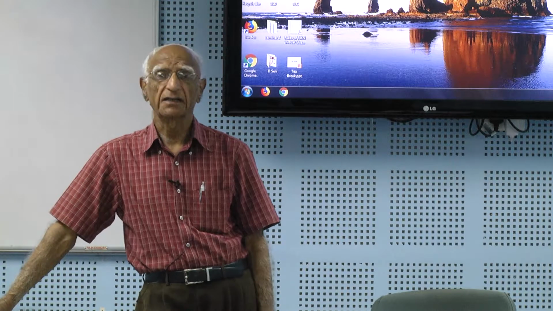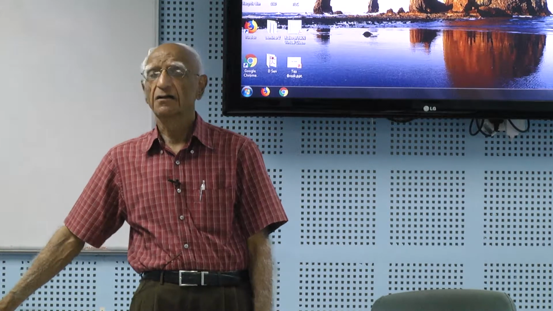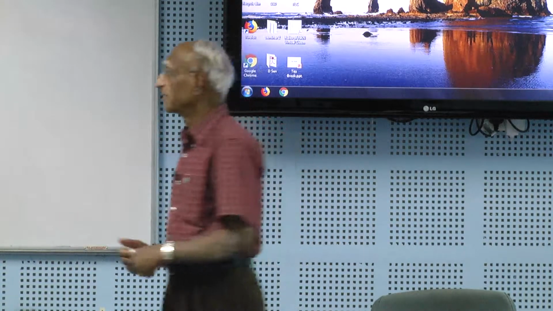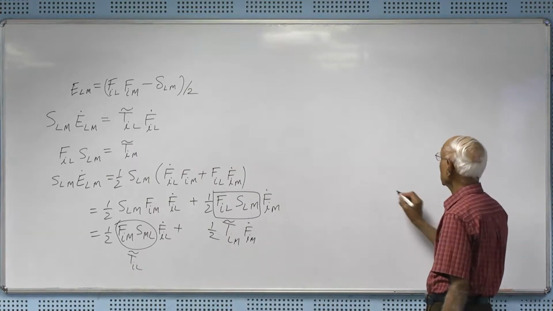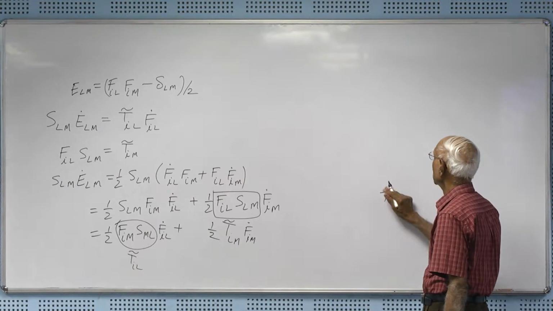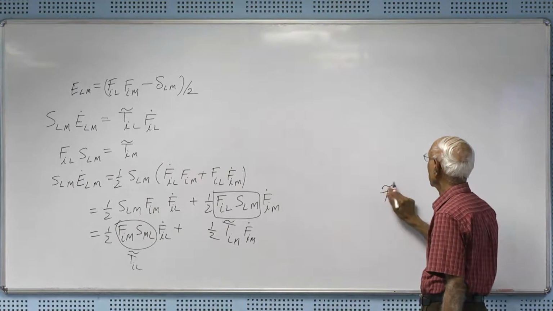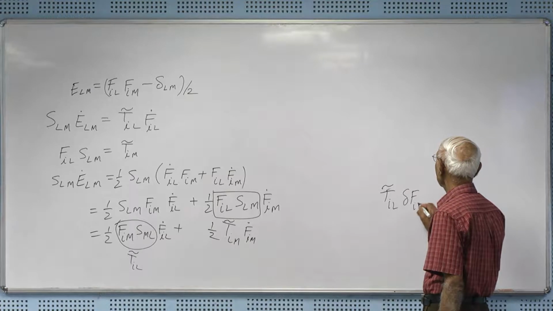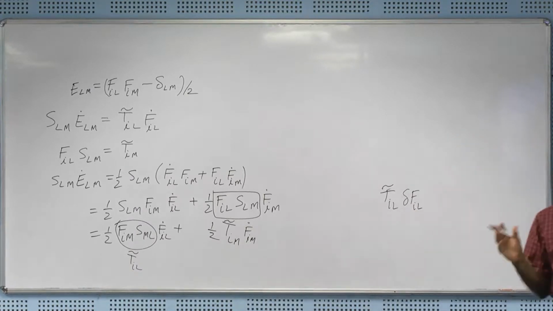Even when you are using a variational principle or you are deriving a weak formulation of the problem, you will say T_iL delta F_iL, which is the variation of the deformation gradient.